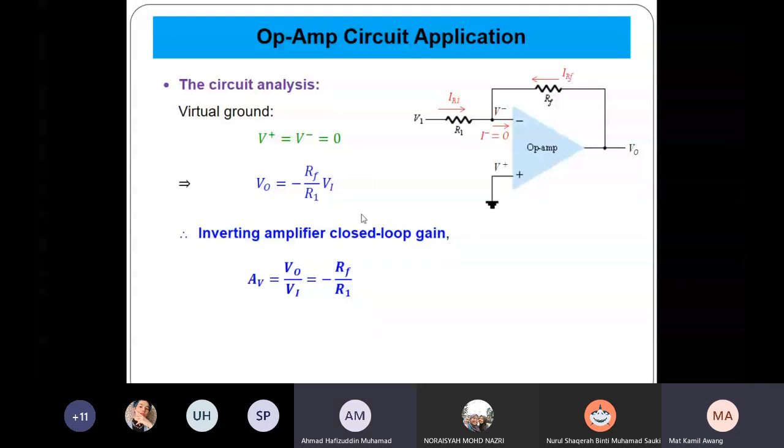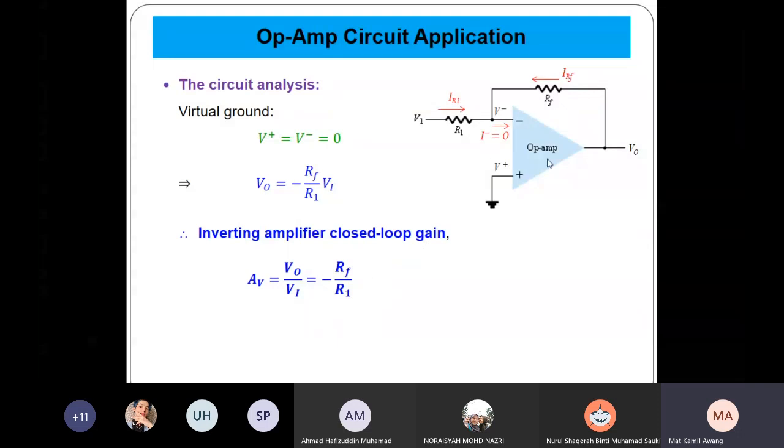But you control the gain so that the output is equal to the gain multiplied by the input. And what kind of gain that you want depends on this configuration, RF over R1.